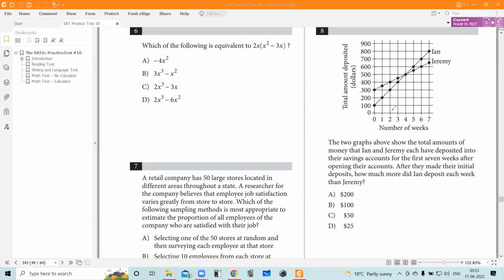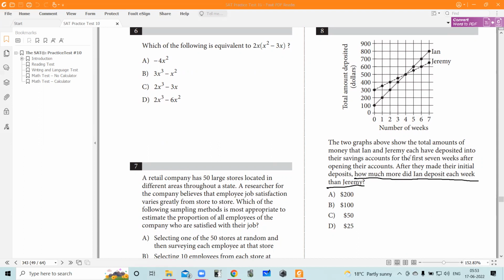So what do we really have to calculate? A line includes two things, slope and y-intercept. So which thing are we interested in? The slope. Exactly, because we need to know how much Ian is depositing every week.